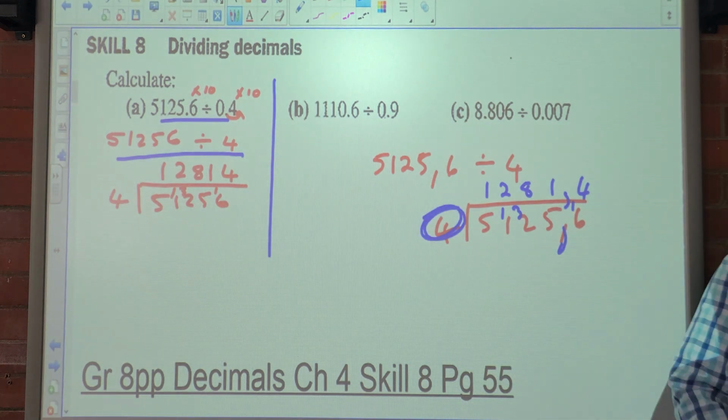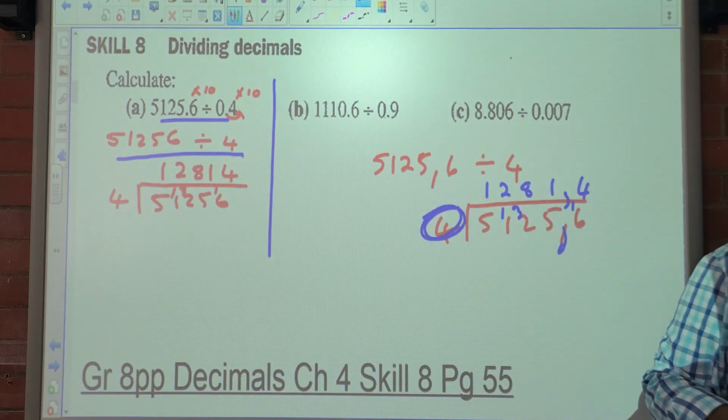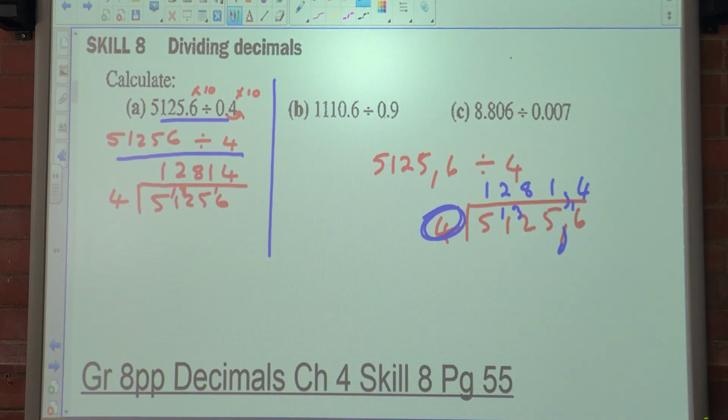Yes, Michael? So let's say we don't get a sum that divides out, a division sum with a remainder. Because we're dividing decimals, we expect the remainder to be comma something. You can either write remainder or, if you're carrying on, you can have a comma, it doesn't matter.